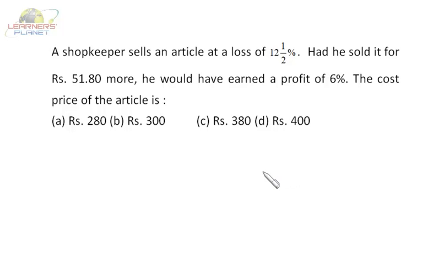Now quite similar problem to the previous one. A shopkeeper sells an article at a loss of 12.5%. Had he sold it for rupees 51.8 more, he would have earned a profit of 6%. We have to find out the cost price. Further, what is the difference between these two percentages? 12.5 is a loss and 6% is a profit. So it is 6 plus 12.5, that is 18.5%.